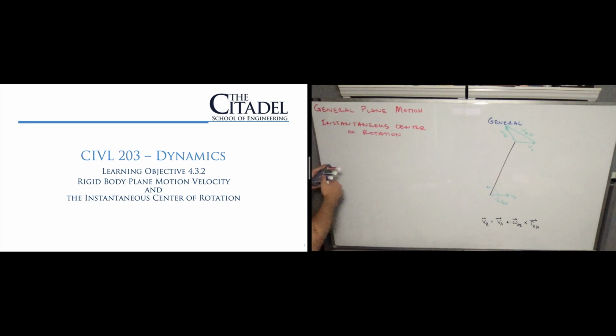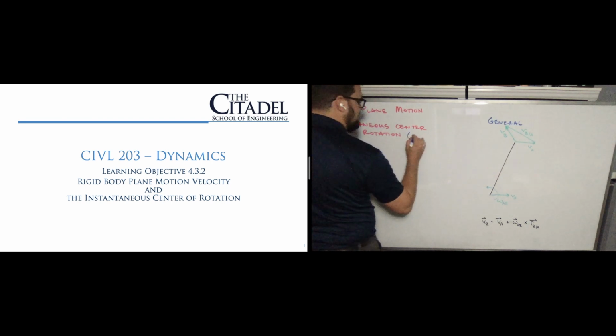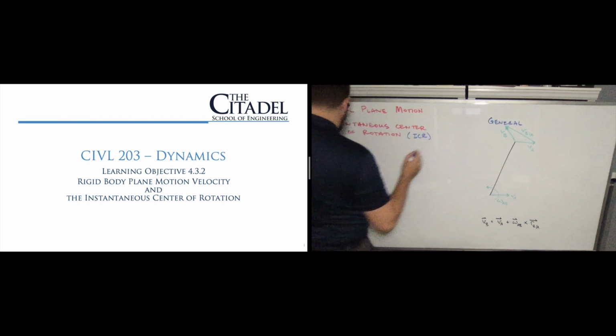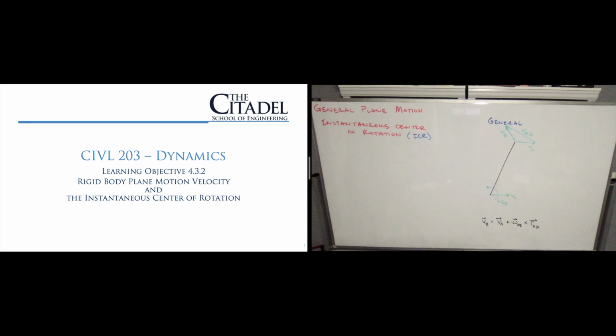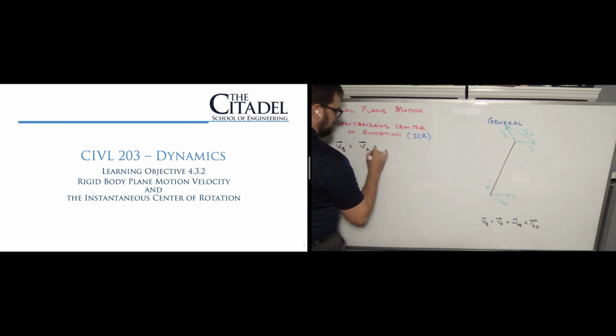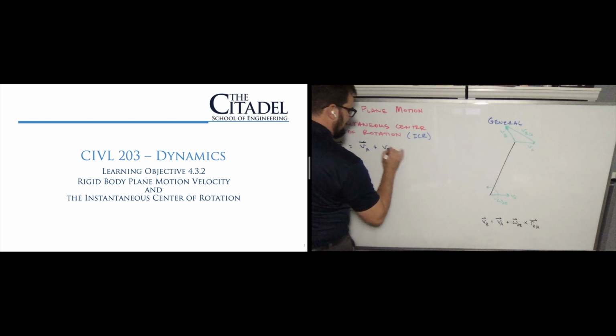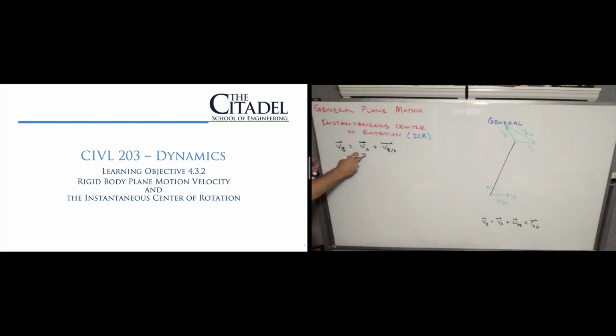And so in this case, we're going to call this the ICR, because otherwise we'll be writing that forever and a day. When we think about the ICR, what we're going to do is say, okay, I've got velocity at B is equal to the velocity at A plus velocity B with respect to A, where we said that this was our translation component and this was our rotation component.